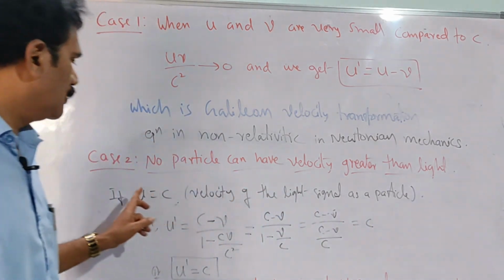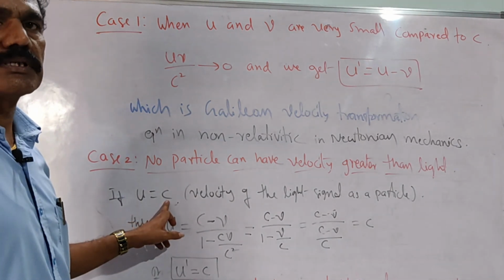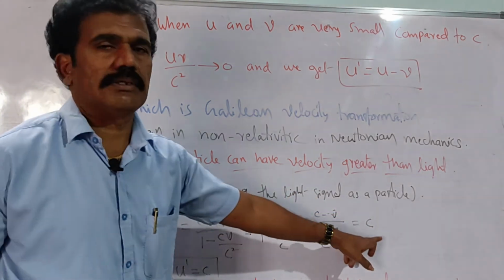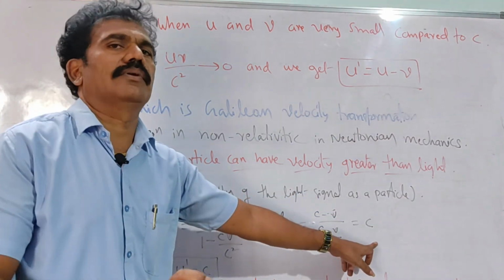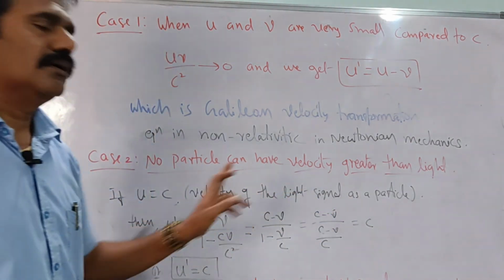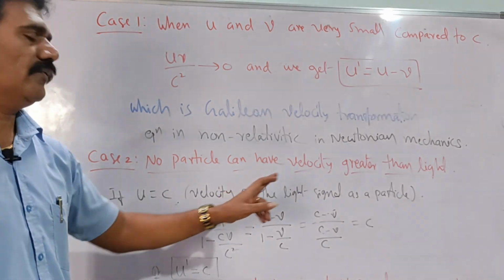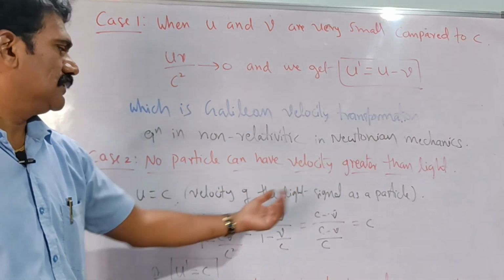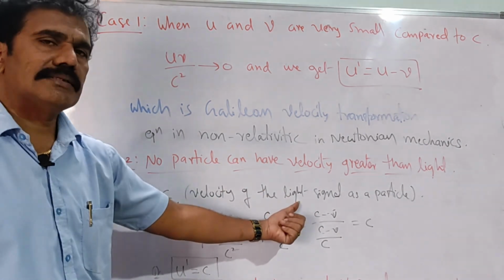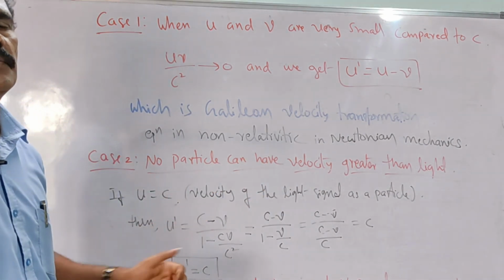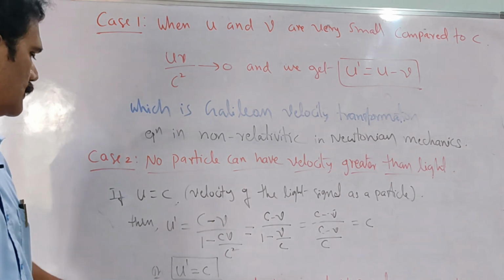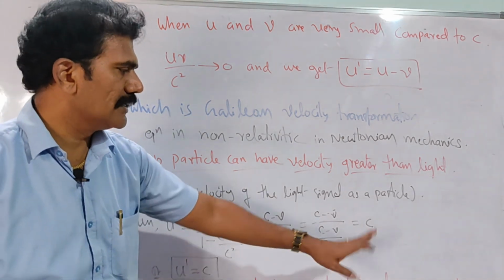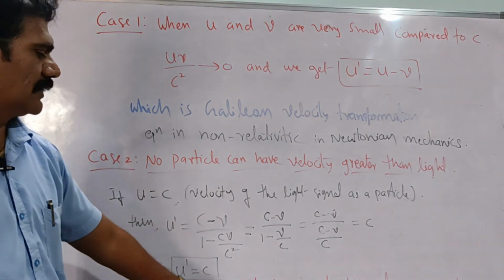So if you assume u is equal to c with respect to the fixed frame of reference S, and u dash is also equal to c with respect to the moving frame of reference S dash, both are finding the same velocity of the particle, equivalent to the velocity of light. So the velocity of the light signal as observed by both S and S dash will be the same. Thus observer O dash also finds the light signal moving with the velocity of light itself.